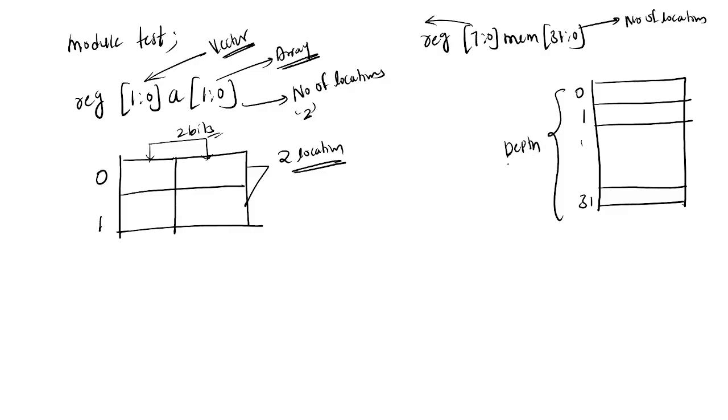When we discuss RAM, this is the depth, and the width of the RAM is how many bits in total: 8 bits, 0 to 7.